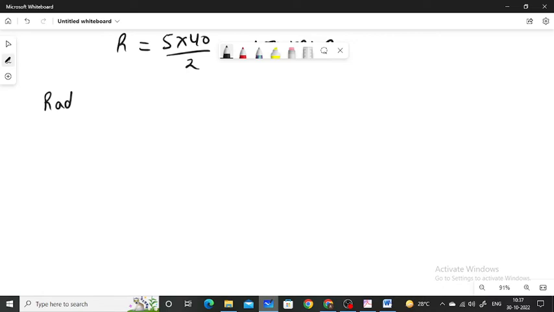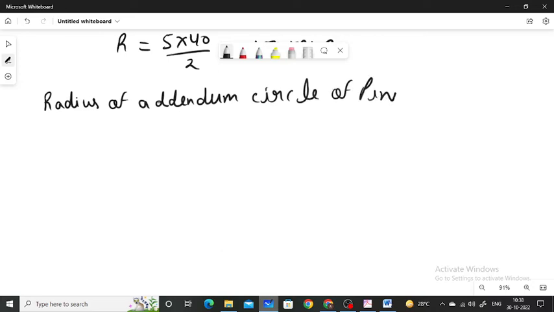Radius of addendum circle of pinion, RA will be equal to the small r plus addendum.